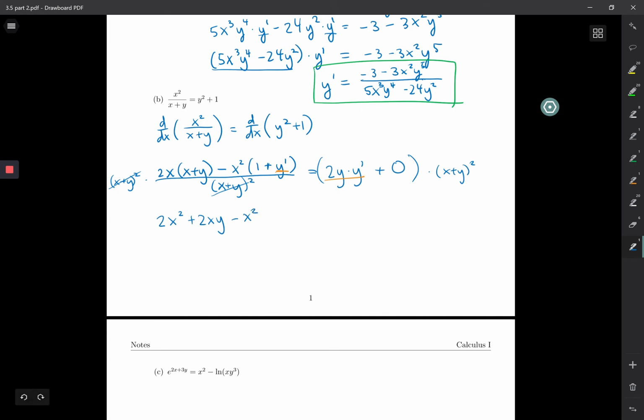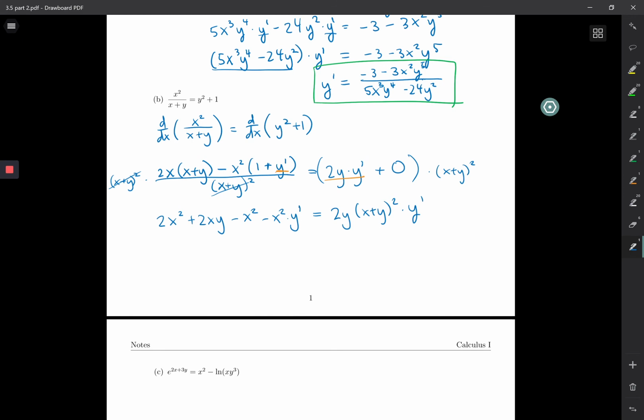We get negative x squared minus x squared times y prime, right? And then on the other side, we now have 2y times x plus y squared times y prime. Okay, and I'm actually not going to multiply out this x plus y squared, just to keep things more compact.